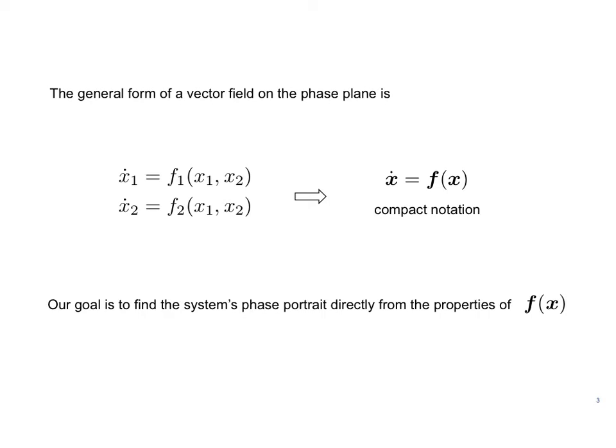And the first thing we have to do is find the fixed points of f of x. If you remember, the linear system we were investigating last class, how many fixed points did the system have?